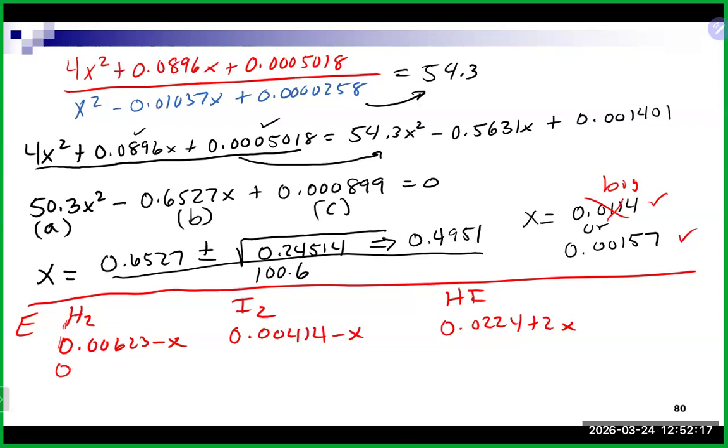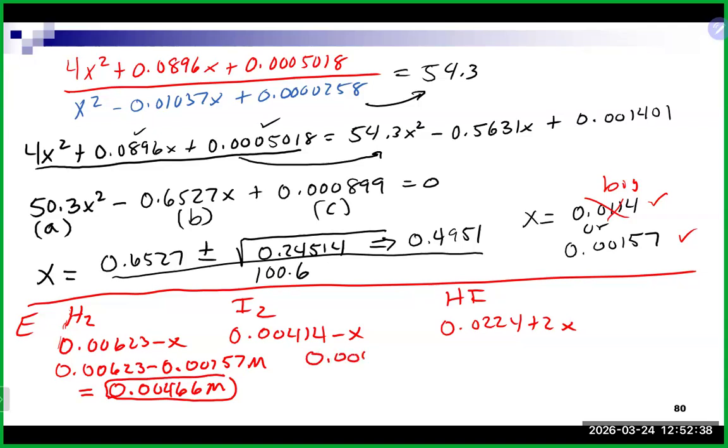And that's going to get me 0.00623 minus 0.00157, which gives me an H2 concentration of 0.00466 molar. I'm going to put my X value in for my I2, 0.00414 minus 0.00157.